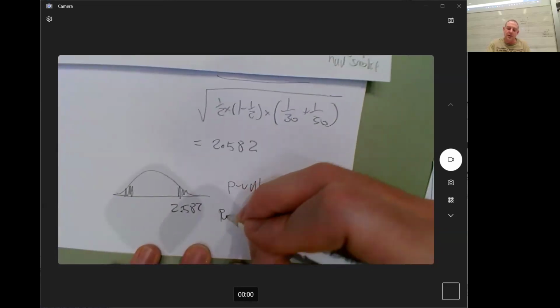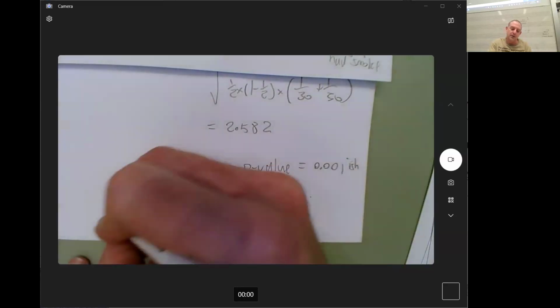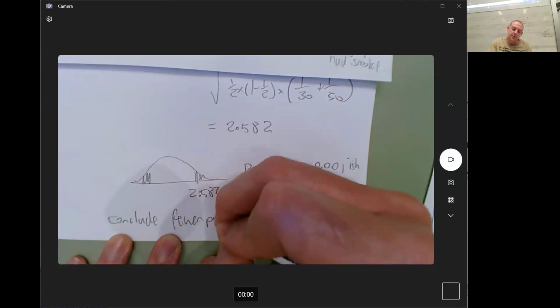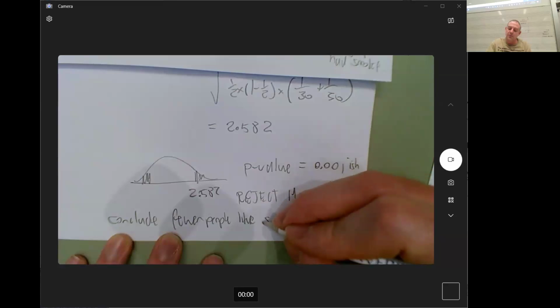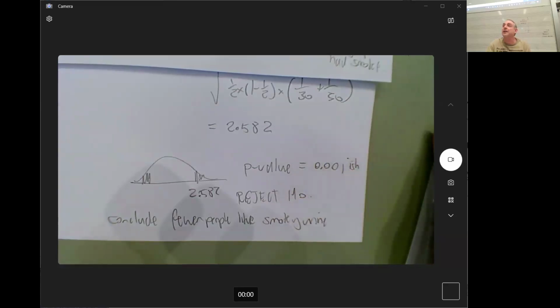And so therefore reject H0 and conclude fewer people like smoky wine. Right, that's the idea.